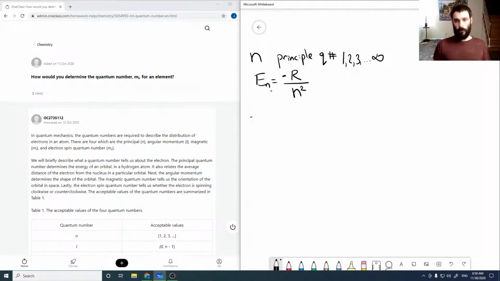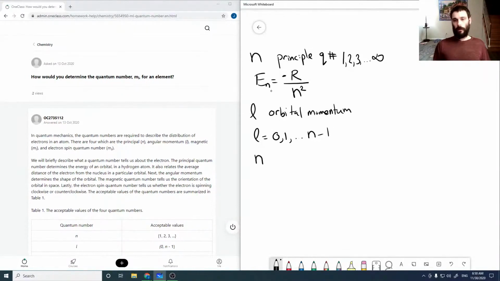Okay, so L is our orbital momentum quantum number. And this can be roughly thought of as shape for our orbital. So L goes from 0 up to n minus 1. So again, it takes integer values, but it only goes up to n minus 1.